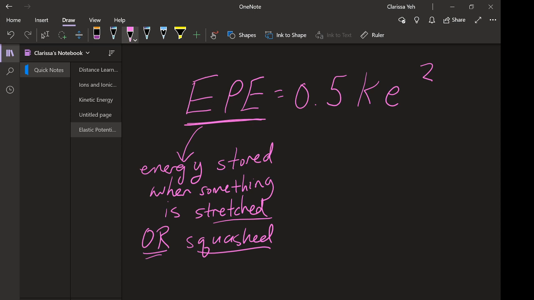Now, the 0.5 is just a number that you have to times on. Now here's this new one called k.